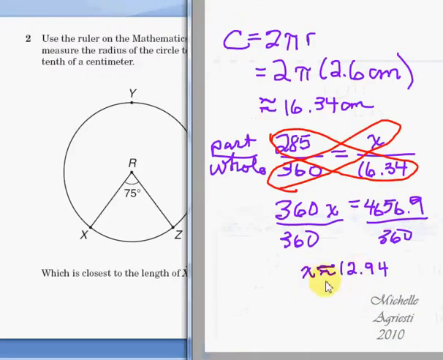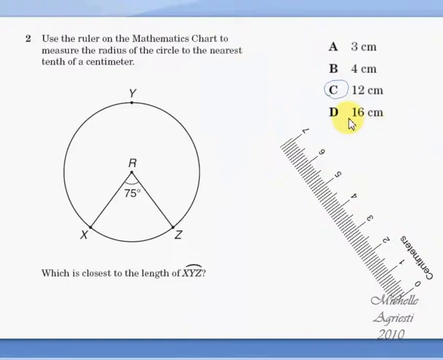Remember what we got when we found the circumference? 16. TAKS people are tricky, so be careful. If you get an answer, make sure that you've answered the correct question. Which is the closest to the length of arc XYZ? So it goes all the way around. Be careful.